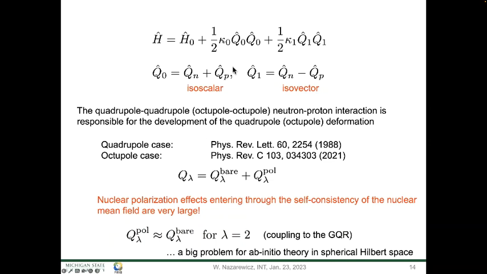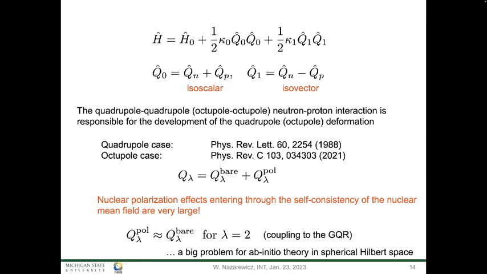So if you take a schematic Hamiltonian, which is H naught, think of a spherical Hamiltonian, plus a residual interaction, which is a multipole, quadrupole interaction, built of isoscalar operators, Q_n plus Q_p, the quadrupole moments of protons and neutrons, and isovector. So this is when protons and neutrons are deformed differently.